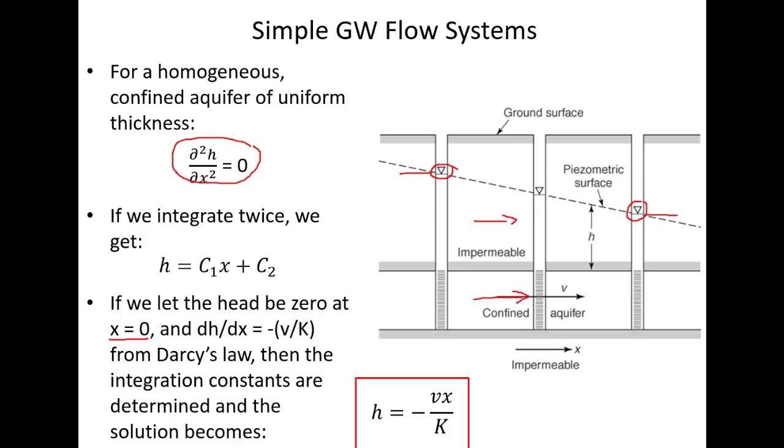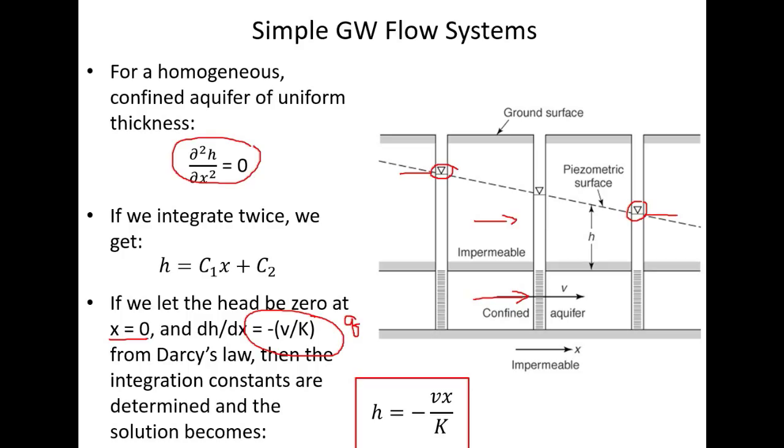So if we know that head's at 0 at one end, and we know from Darcy's law, if we rearrange Darcy's law, then the Darcy velocity here, v, I think we were calling it q, so we could call this q as well. But it gets a little confusing in the T&M book. So I think they call it v most of the time.